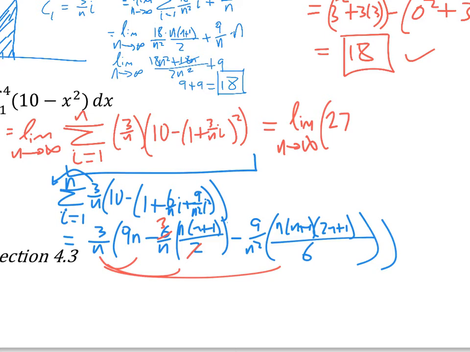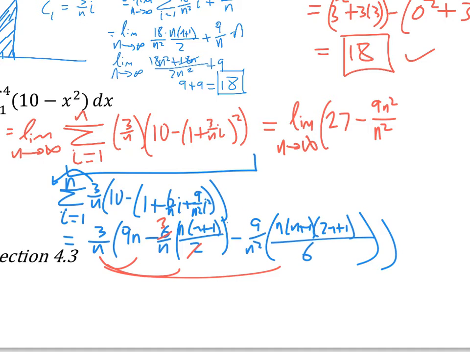We don't care about these smaller terms that we're going to get. So it's just going to be this 3 over n times this 3. So that's going to be 9. We're going to have n squared on top, n squared on bottom. We don't care about the smaller terms because of the limit. At the limit, those small terms don't matter. Then we got 3 over n times all this craziness.